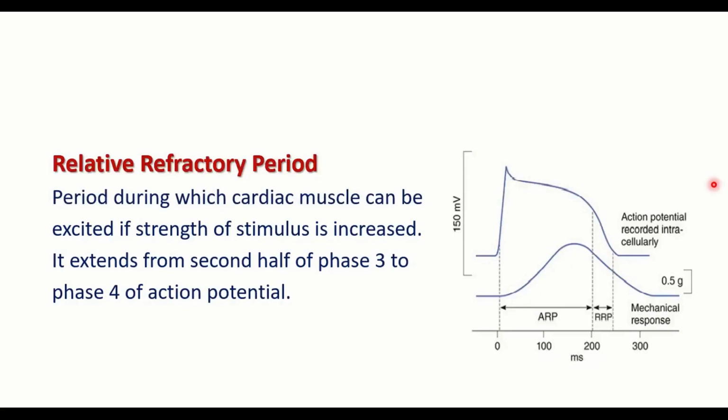Okay. Now think why tetanus cannot be observed in cardiac muscle. So what is tetanus? Tetanus is a state of sustained contraction due to repeated stimulation of muscles. So we require a sustained contraction for tetanus to happen, that is without a relaxation in between. Here in cardiac muscle, the refractory period is long.